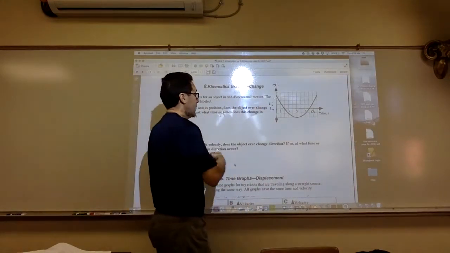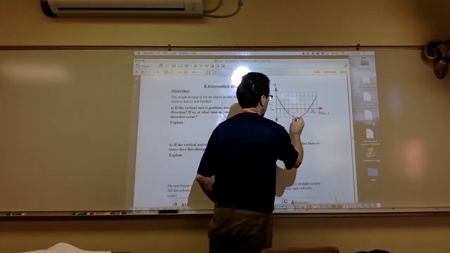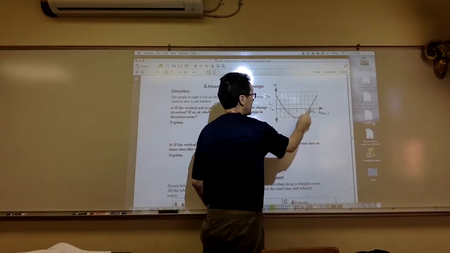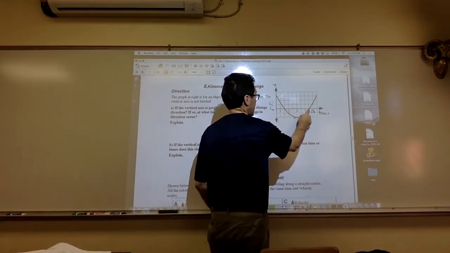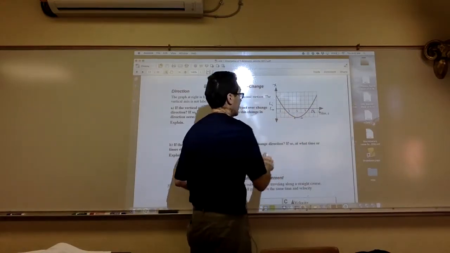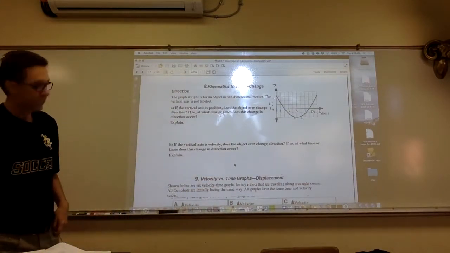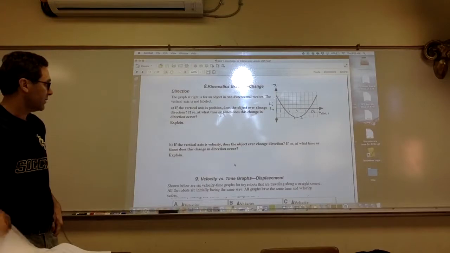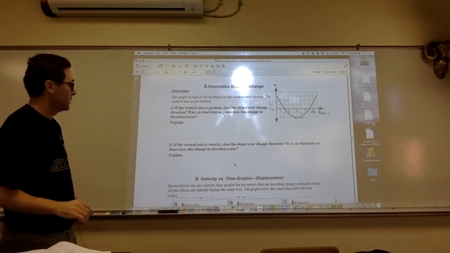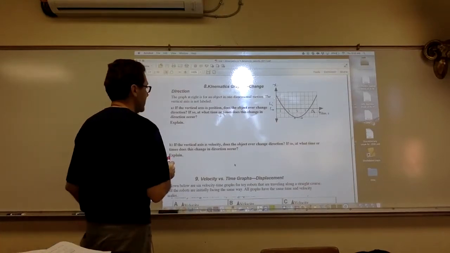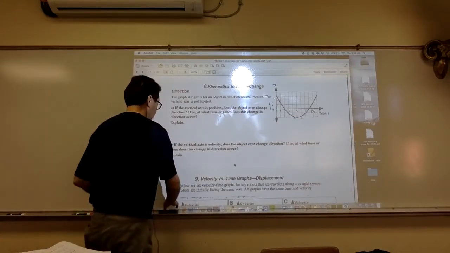Another way you can look at it is the velocity at this point here is 0. The velocities here are negative. The velocities on this side are positive. So you cannot go from the negative numbers to positive numbers without passing through 0. If the vertical axis is velocity, does the object ever change direction?